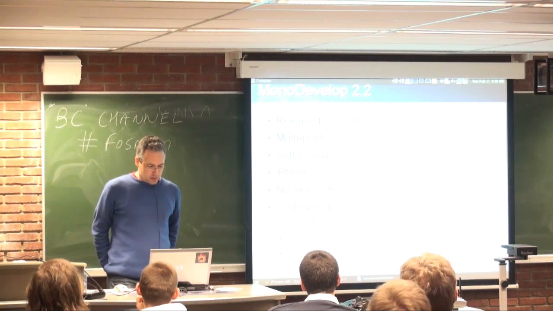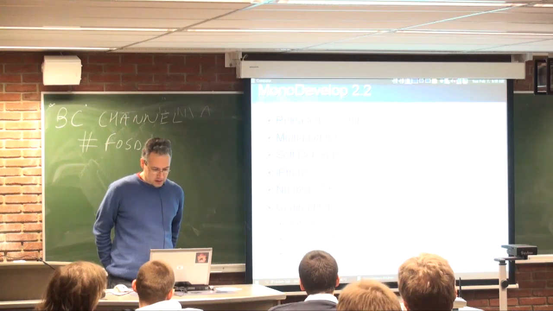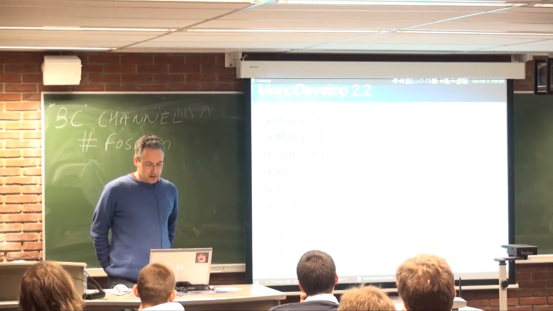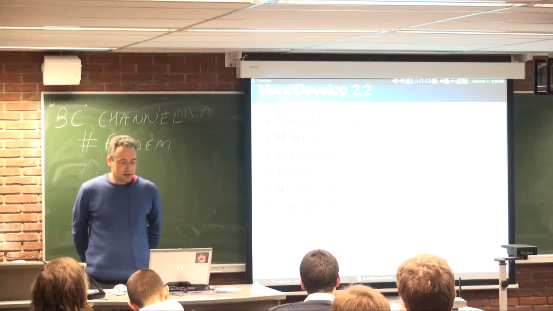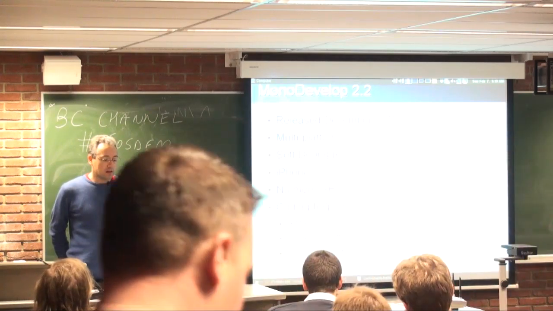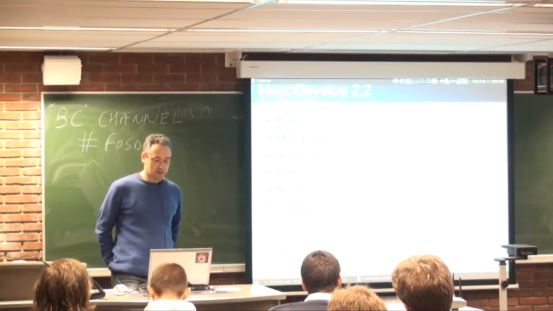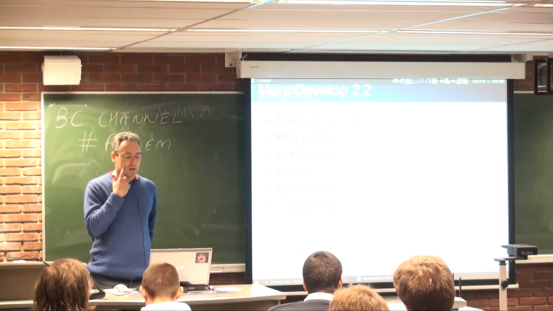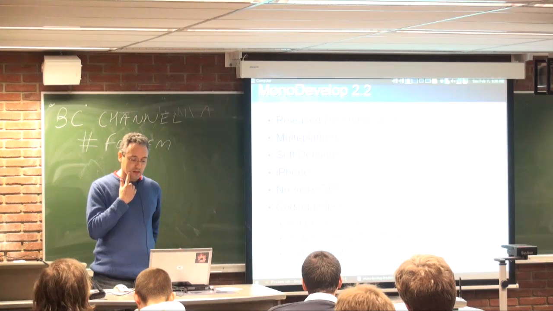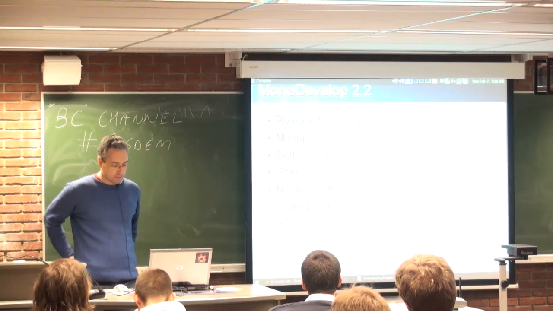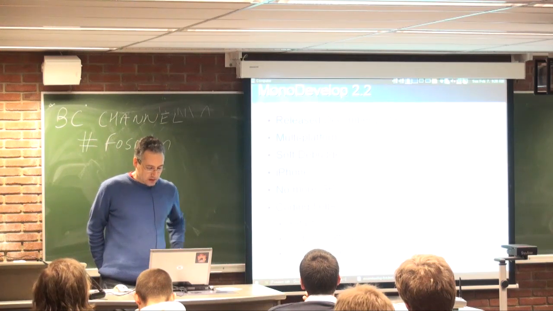And we also improved a lot of things in the text editor. We had a new refactoring infrastructure, which allows us to implement new refactoring operations. We had other coding helpers like code templates with placeholders.